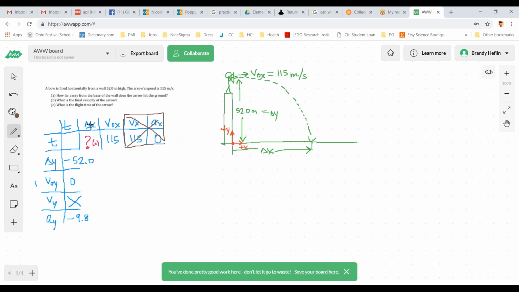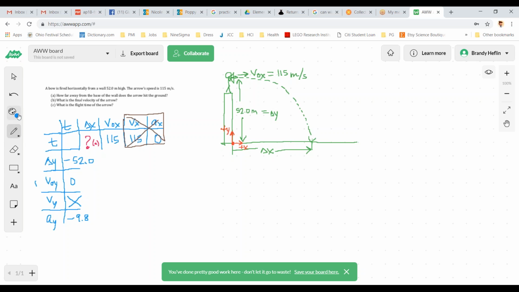So we really only need delta x, v naught x, and t. Oh, well, I don't know 2 of those, and I do know 1. There is no way to have 1 equation with 2 unknowns and get an answer. So that's a good indication that we're going to have to look at the vertical information and pick an equation that will work for the vertical direction to get time, even though time was part C. We have to get time first, and then we can get the horizontal distance traveled, or horizontal displacement in this case.